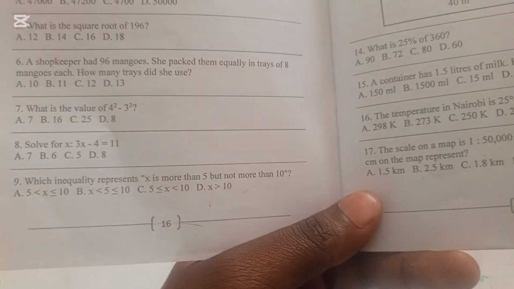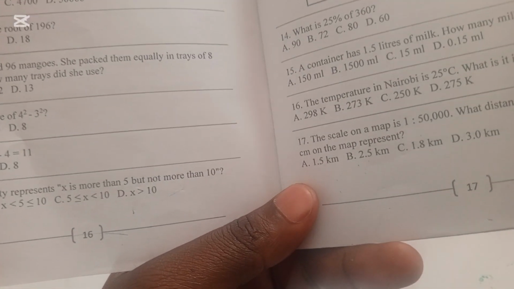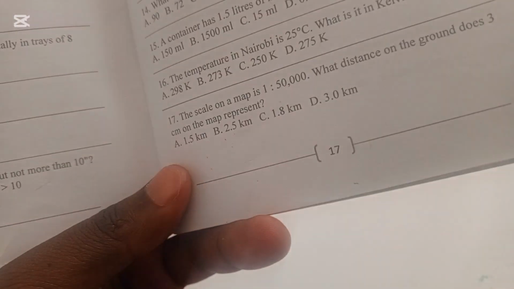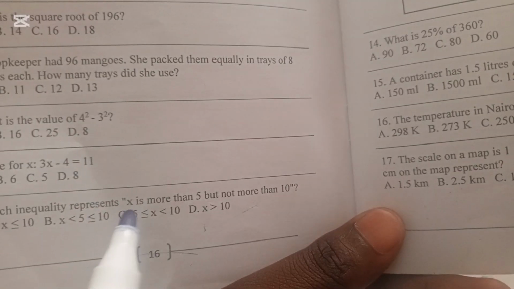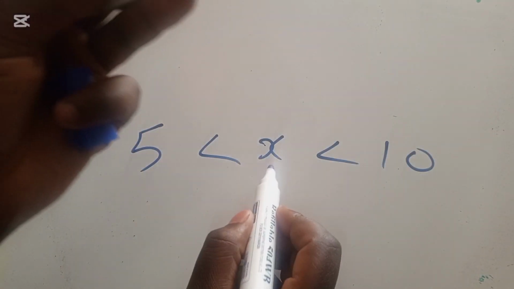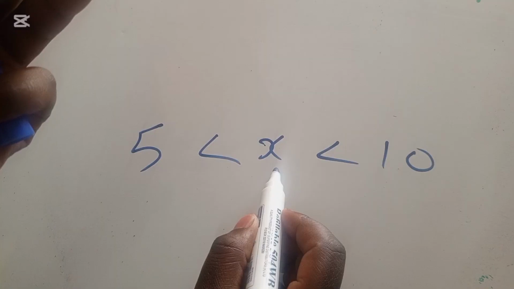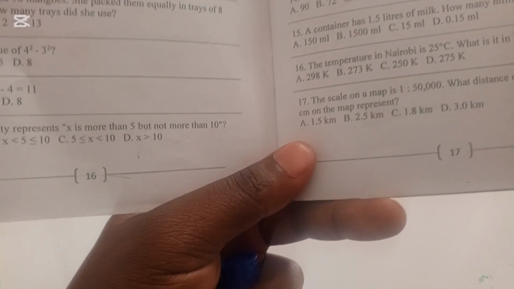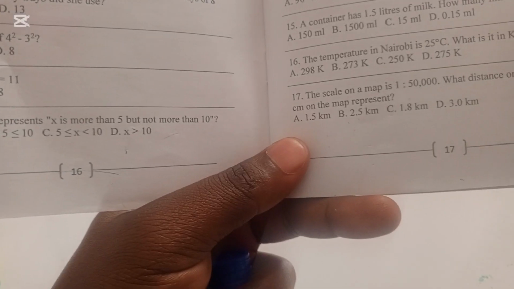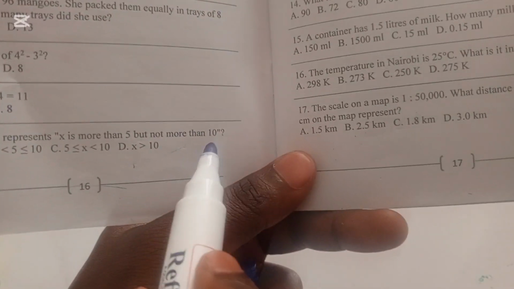So the correct answer here should be, oh sorry, you can see we are told but not more than, so we are told x is more than 5. We are sure 5 is less, so 5 is less than x. Okay, but we are told x is not more than 10. It could be 10, but certainly not more. You understand that part? Not more than 10.